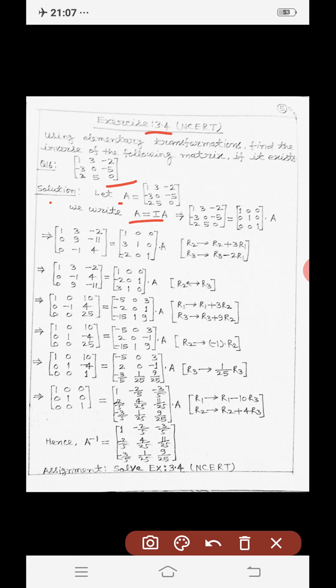And if we write A is equal to AI, meaning column transformation, then we use elementary column operations throughout.